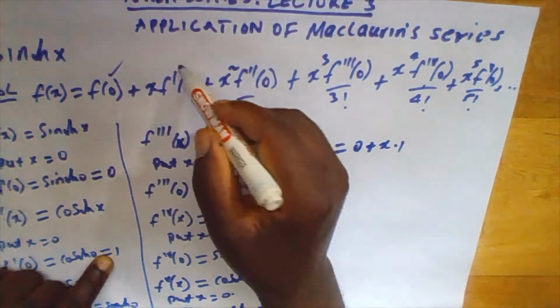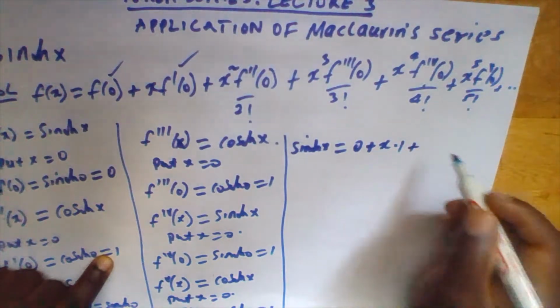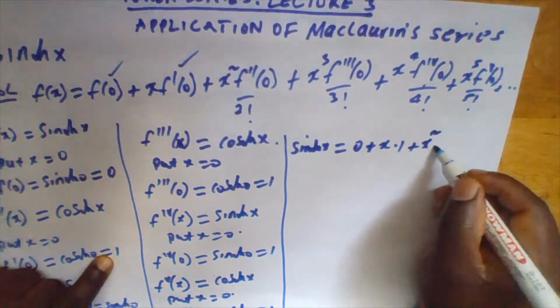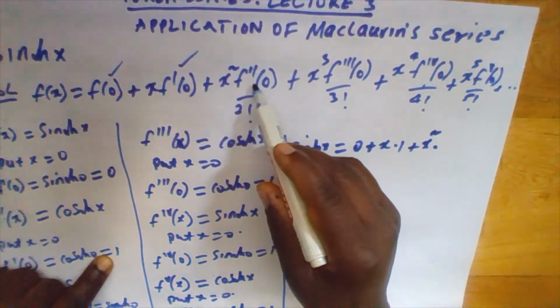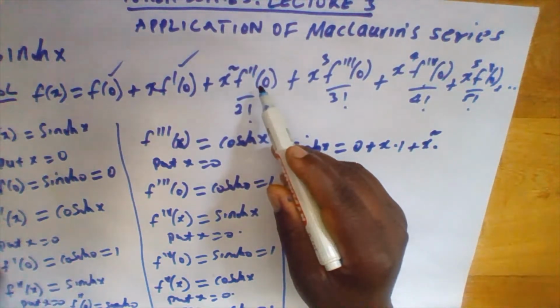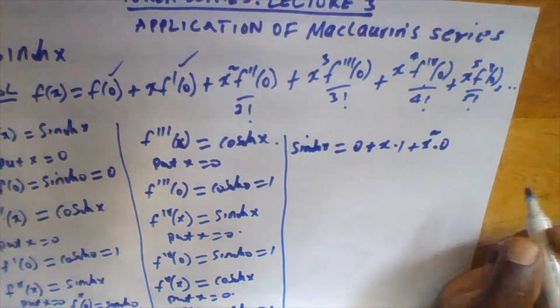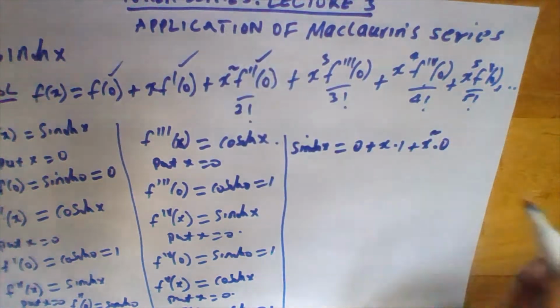Then plus x squared times our f double prime of 0, which is 0, so we are done with that one.